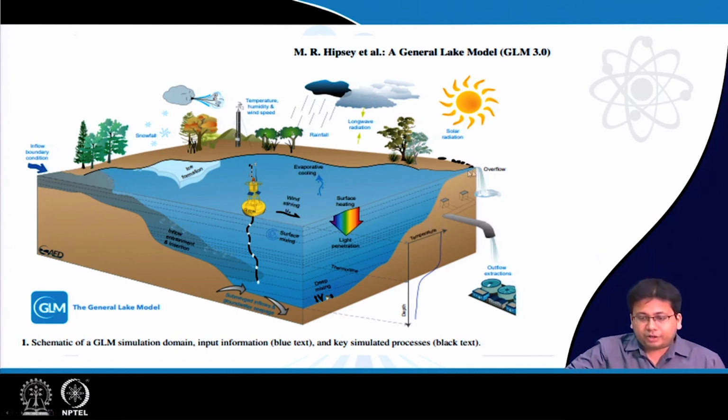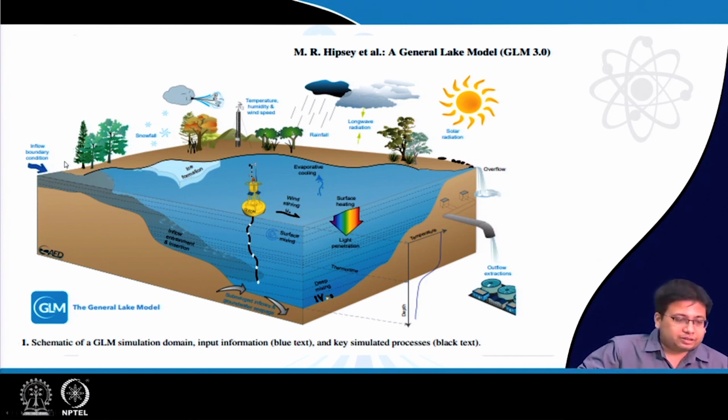Then the lake might overflow. It might be flowing out to different rivers or canals which may be connected with it, and then there is a depth profile. At different depths the different properties might change. It's possible that there may be snowfall in some places around the lake, as a result of which ice may form on the lake.